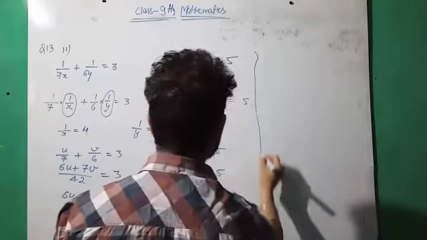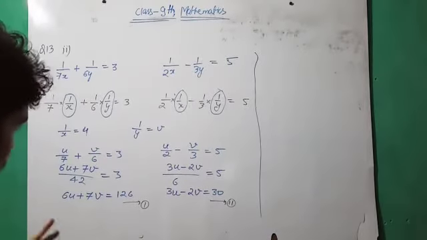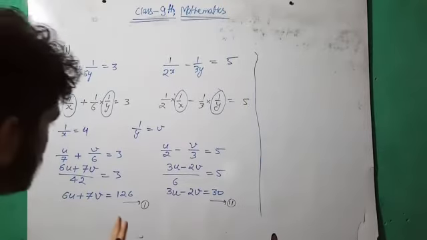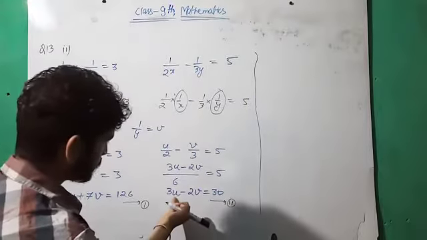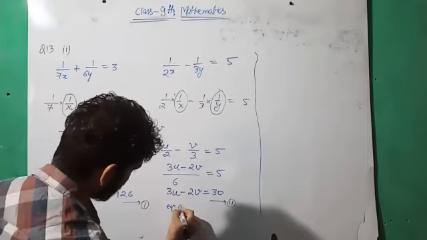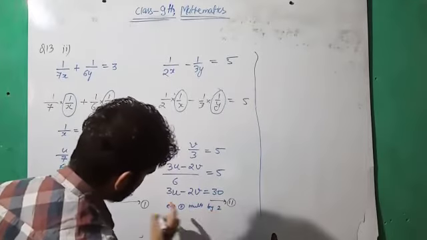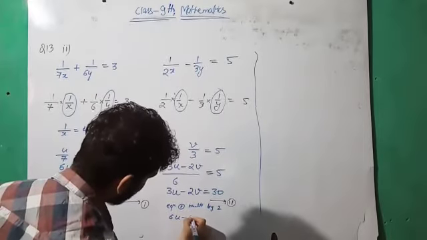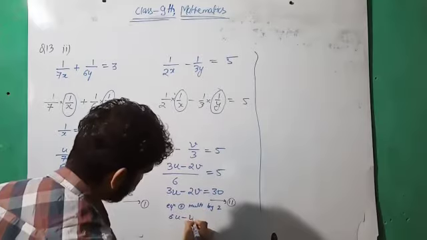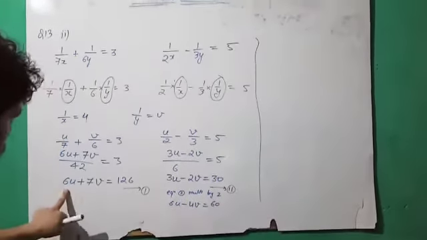Now we solve the equations in the same way as we do for x and y, using any method. Here we use the elimination method, because the elimination method is very simple here. We multiply equation 2 by 2, so that equation 2 becomes 6u minus 4v equal to 60, so that 6u and 6u are common.